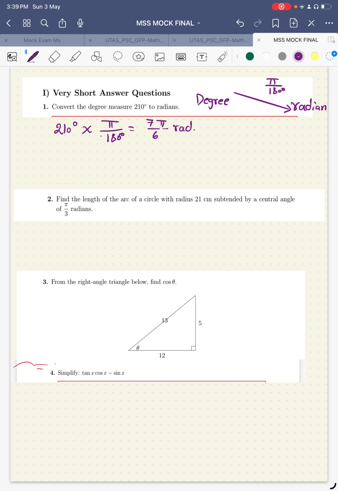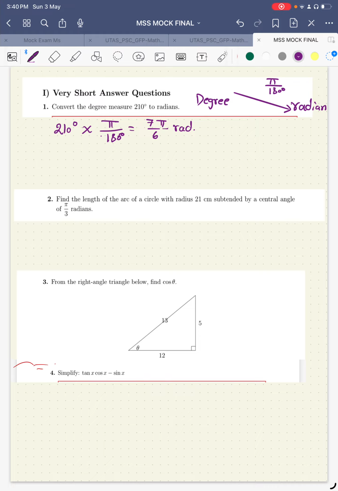So that would be my answer. Let's go now to question number 2. Find the length of the arc of a circle with a radius of 21 centimeters subtended by a central angle of pi over 3 radians. In that question, they're asking me for the arc length.